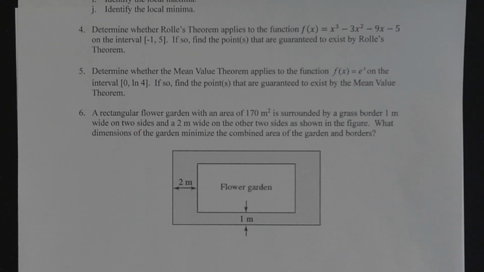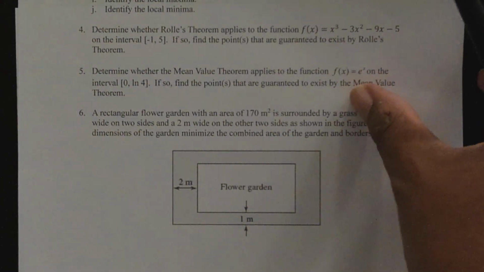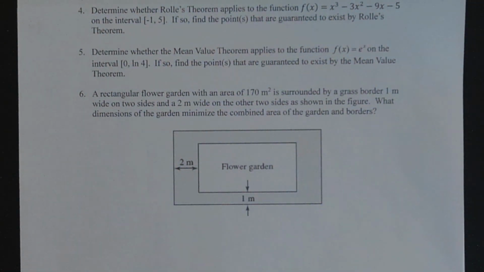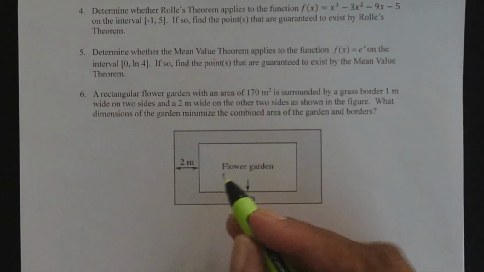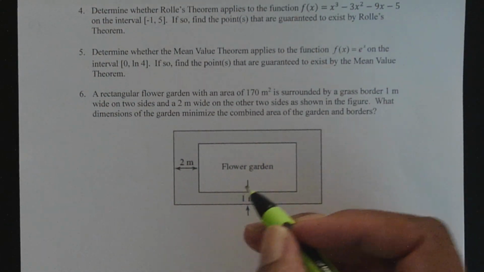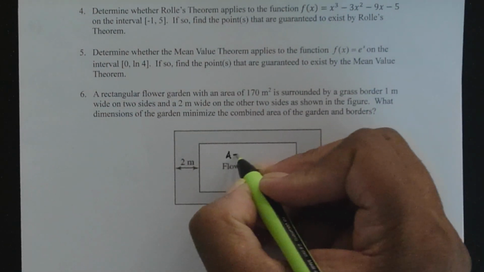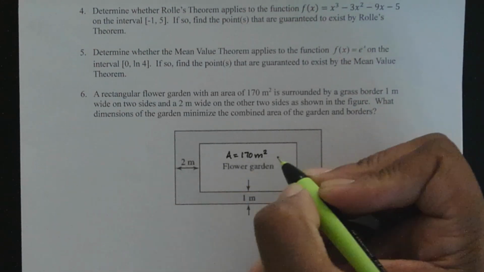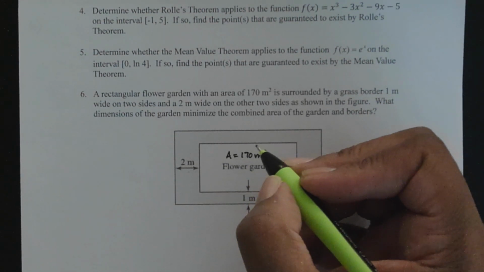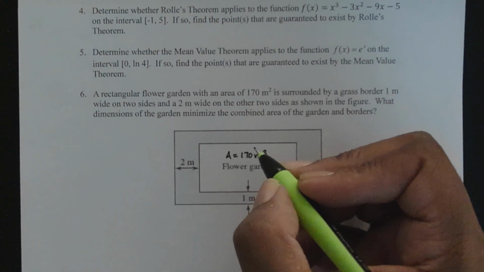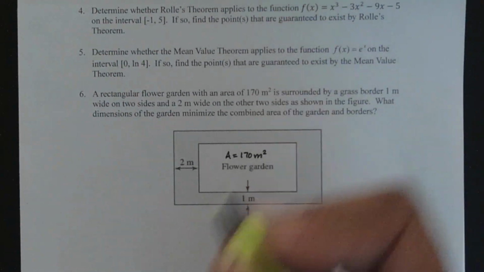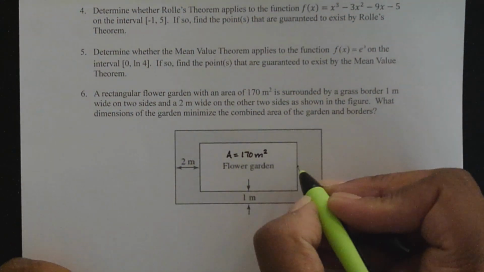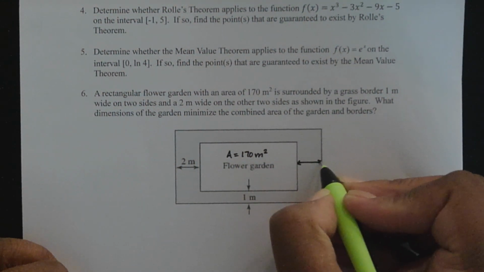Okay, so in this case here, this right here represents the area of the flower garden, 170. And that's in square meters, by the way. And there's 2 meters on this side and also 2 meters on this side as well.